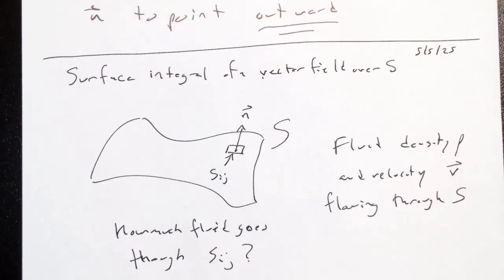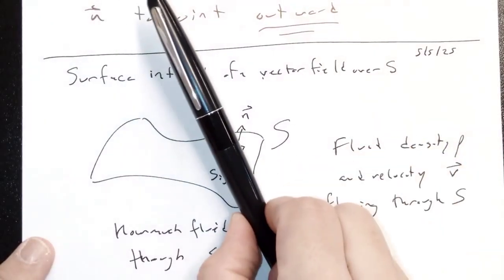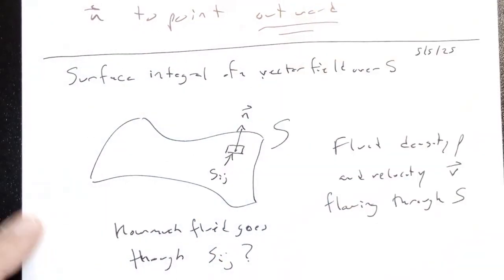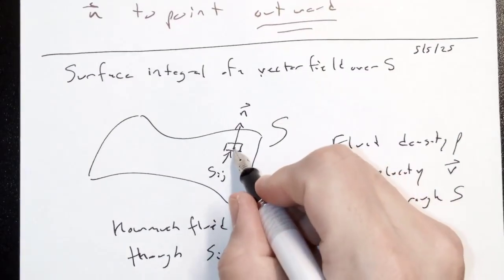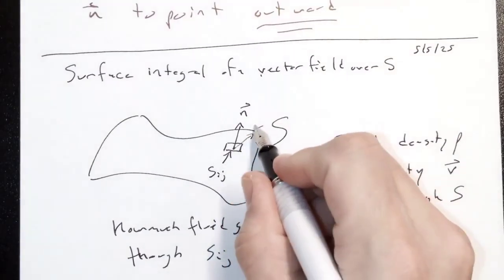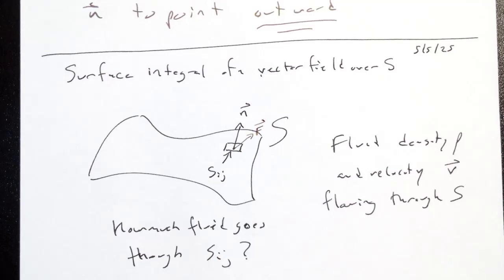Stuff that's going at an angle up or an angle down, only part of it will go through. So if we consider the vector for the fluid to be a different vector, say pointed in this direction for the moment, how much of that is going in the same direction as n?